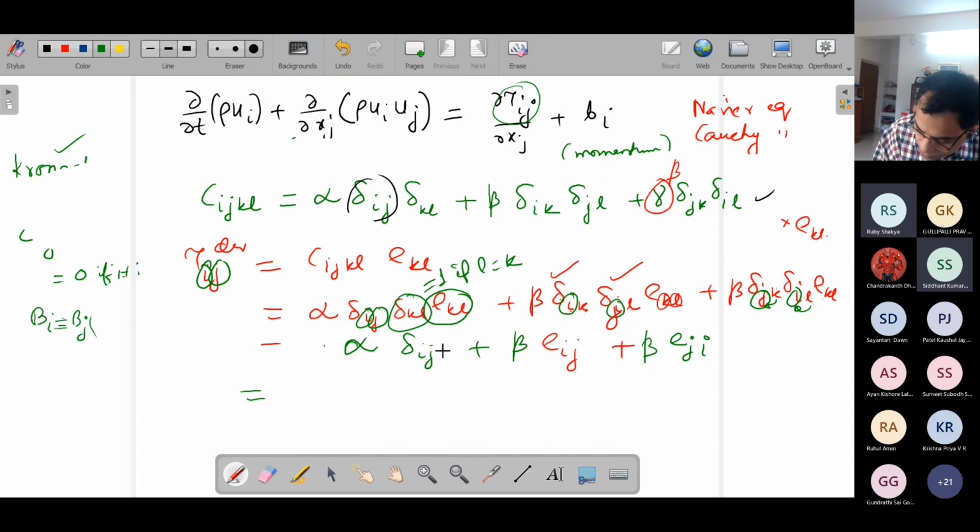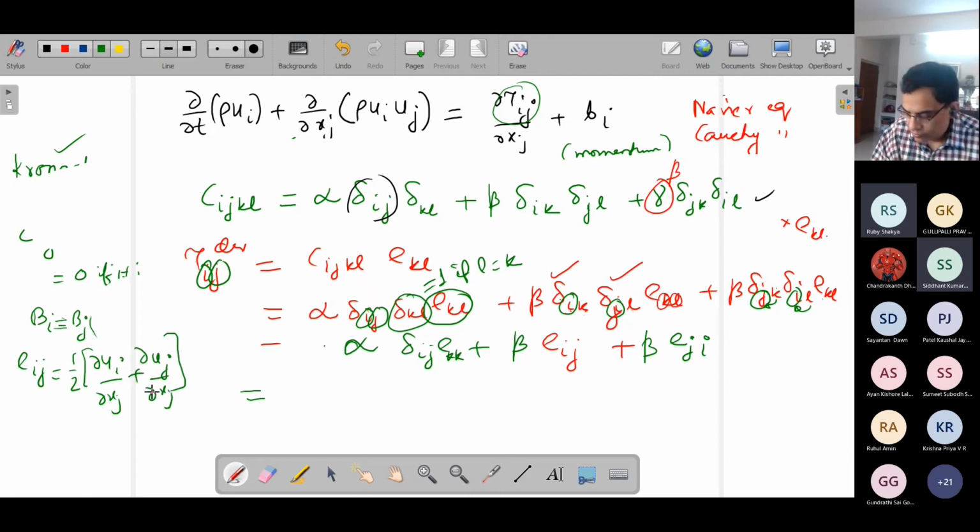So what is Eij? This is half of what we defined, the rate of deformation tensor. You can see clearly that Eij is equal to Eji. That is its symmetry. So when you add these two, it will simply be this term.